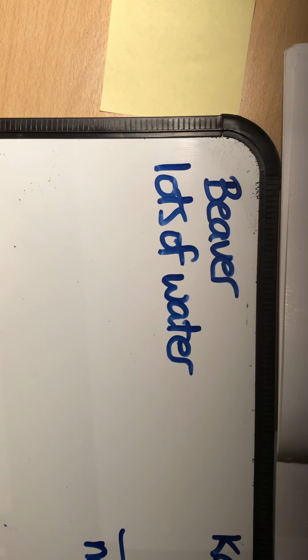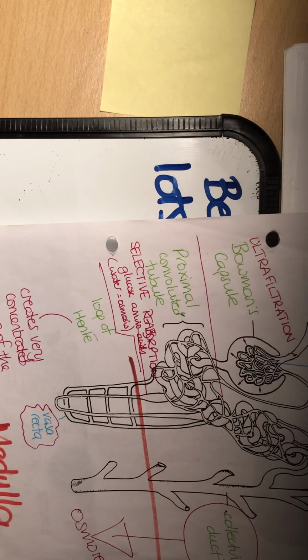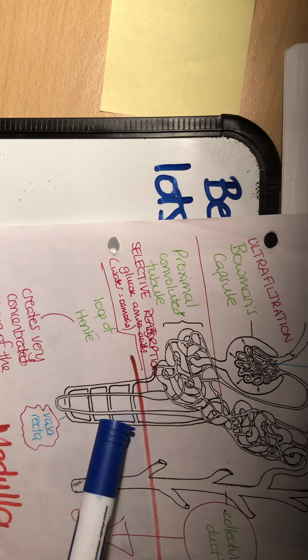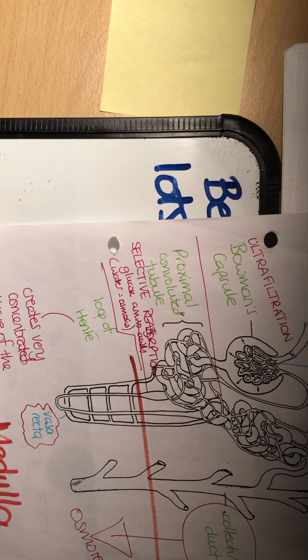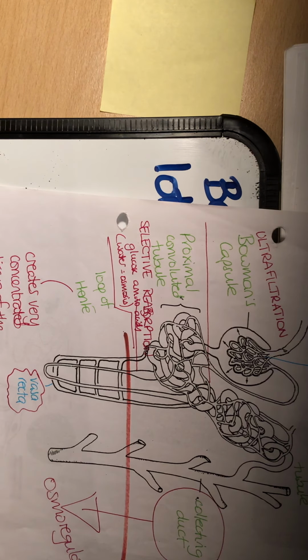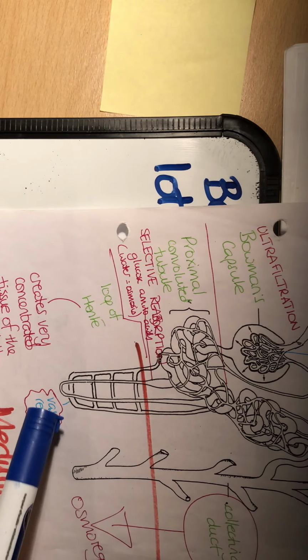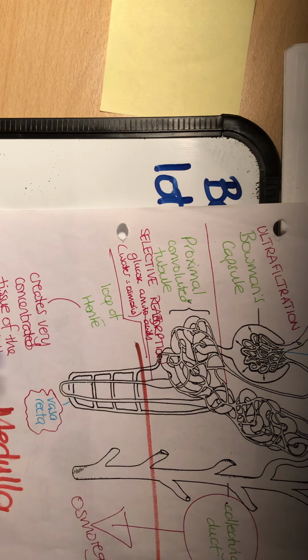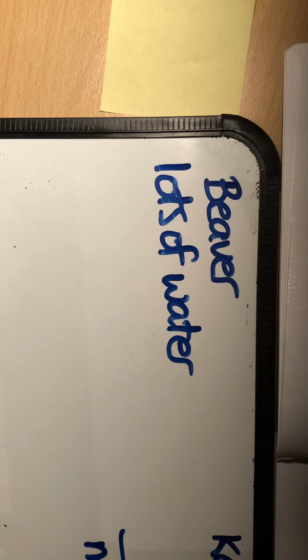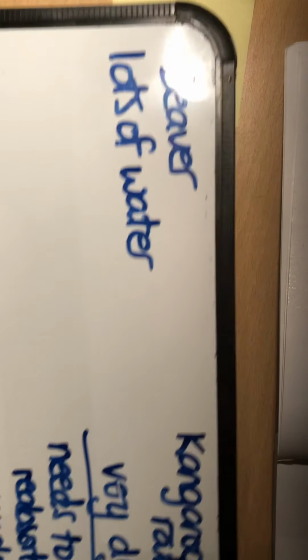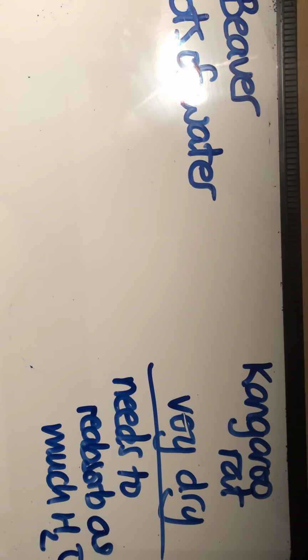Suggest and explain how the loop of Henle of the beaver would be expected to be different from that of a kangaroo rat. Well, going back to the loop of Henle, we know that it creates a more and more concentrated medulla so that more and more water can be reabsorbed out of the collecting duct. So the longer the loop of Henle, the more water gets reabsorbed. So if we think about the kangaroo rat, we need lots of water to be reabsorbed.